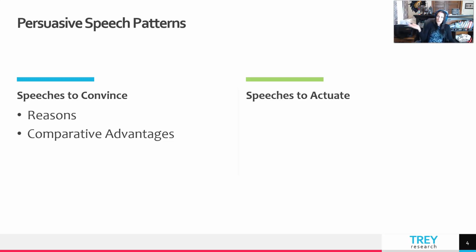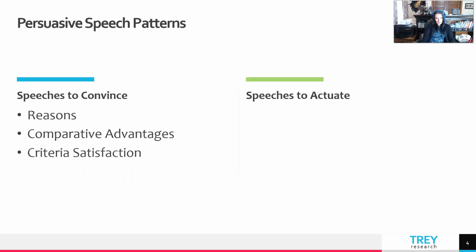Here are the current advantages that gas vehicles have, but we could have these benefits if we would switch to all electric or hydrogen or some alternative fuel. So a comparative advantages case is exactly in the title. It compares advantages, and that's what the main points of your speech do.